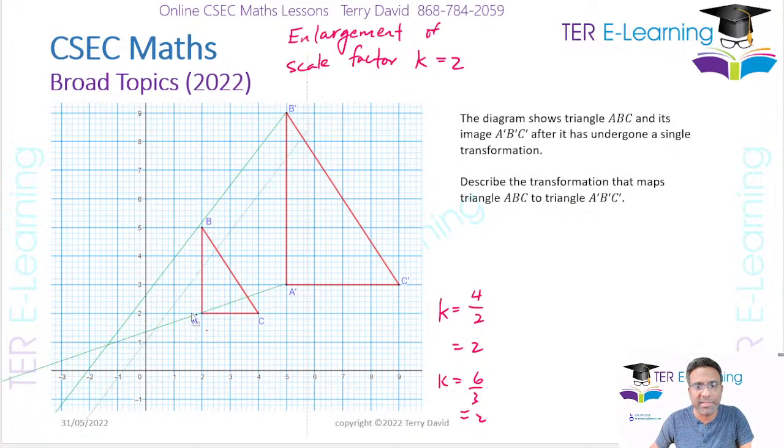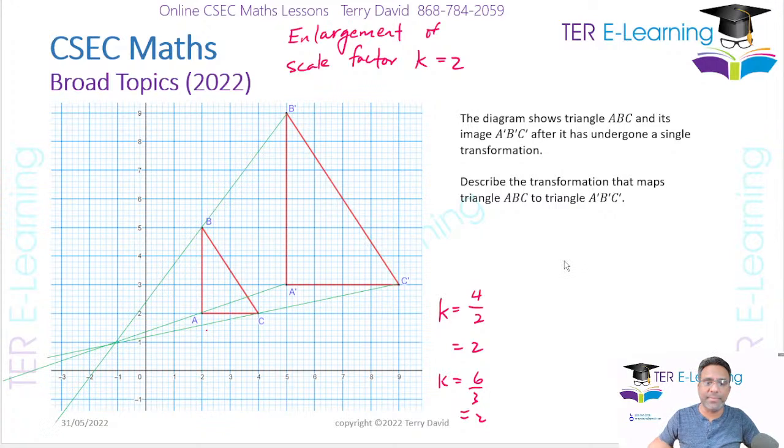Let me see how these points look in here. All right, I think this point is a little off. Right, if you notice something here, all those lines pass through this point here, and they're passing through -1, 1.